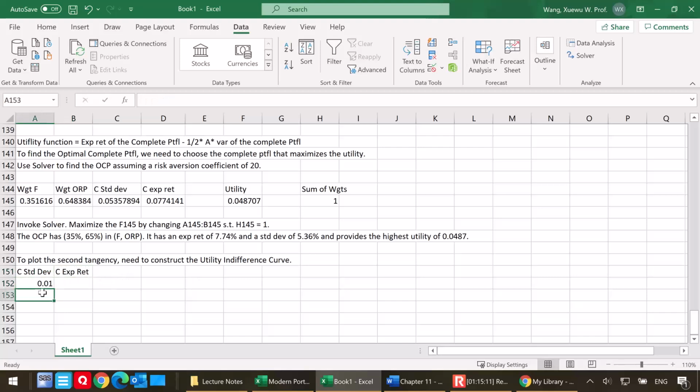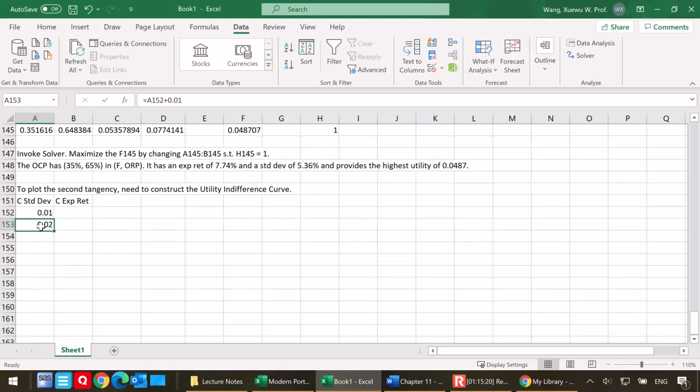And later, I'm going to look at another portfolio that has 2% standard deviation, and 4% here.